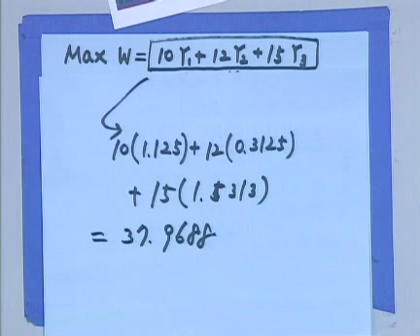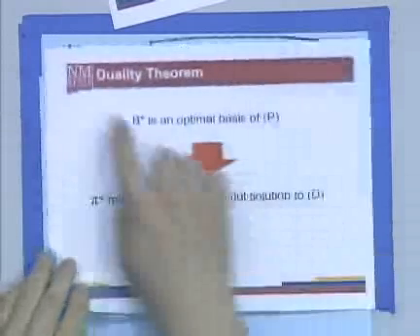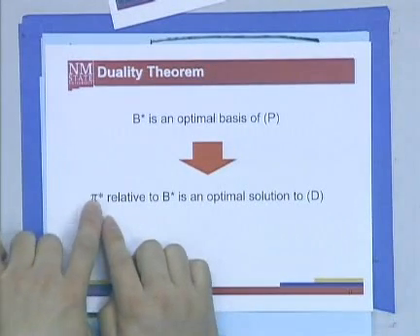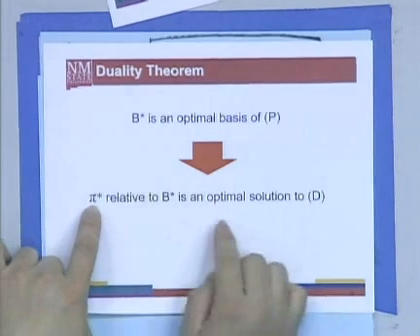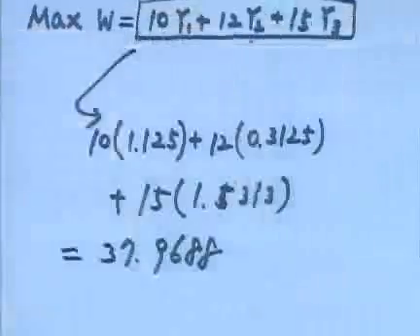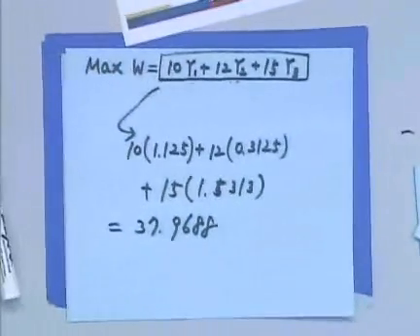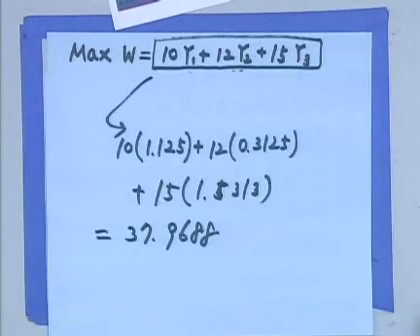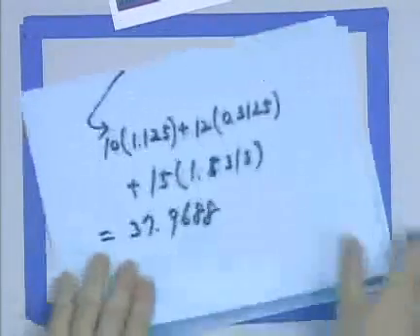Because we've learned from the duality theorem that the simplex multiplier vector pi provides the optimal solution to the other side of the problem. Okay, so any questions about the revised simplex method and the duality?